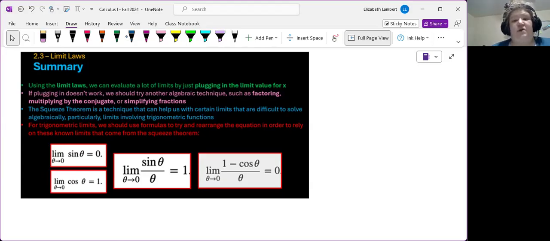If that doesn't work, but you got like a sine in there, maybe a squeeze theorem, but probably not on a test because that would be mean. Seriously, not on the test. Because it's in your writing assignment. And then trig limits, we look for these particular forms because we can use those to reduce parts of the limit that are being annoying.